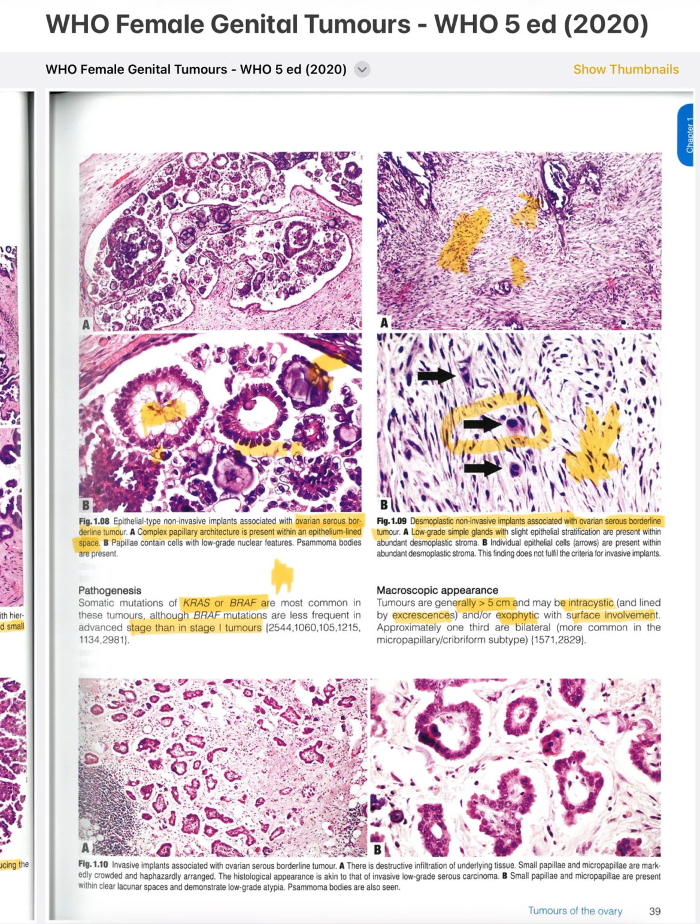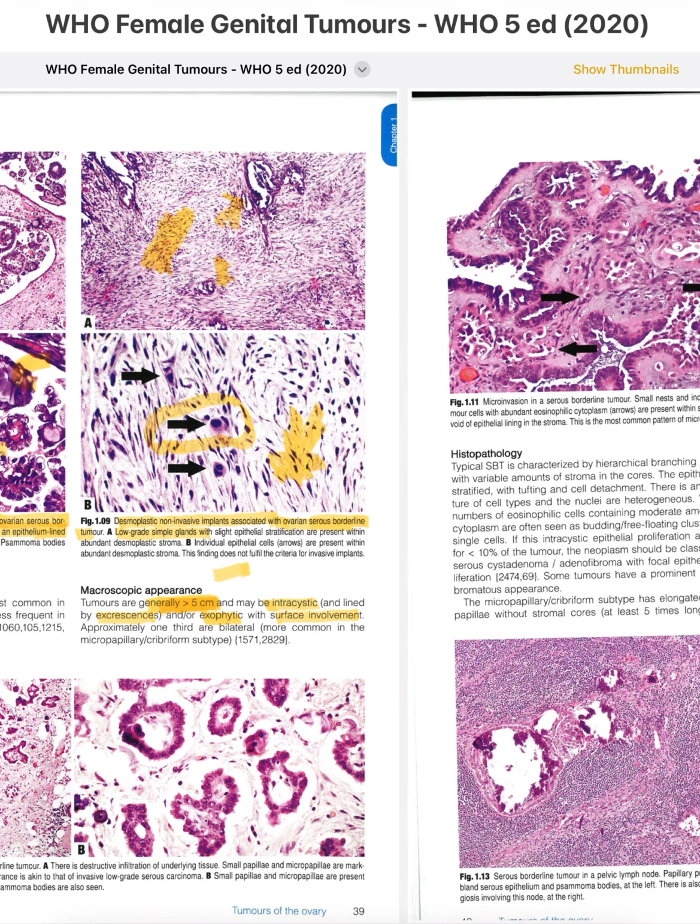Approximately one third are bilateral. This bilaterality is more common in the micropapillary or cribriform subtype. Grossly, size is really very important in these ovarian cysts. It is more than 5 centimeters in the case of borderline serous.